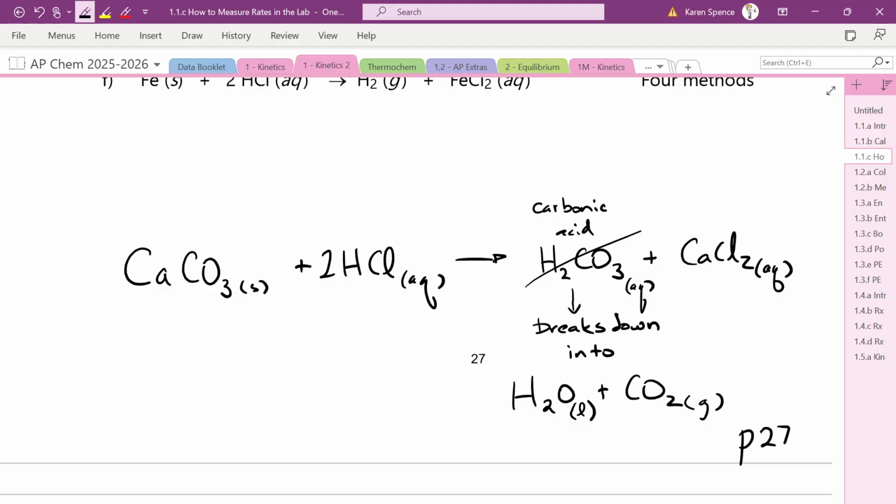What properties could we use? Oh, and before that, I guess I should say that this particular one is a powdery white solid.